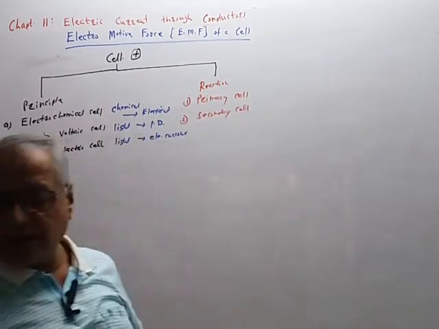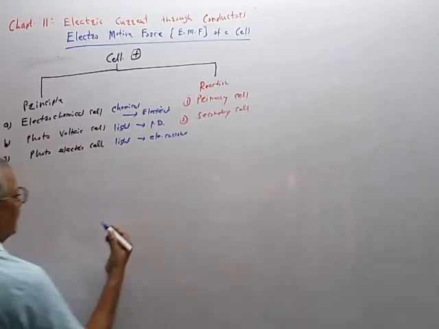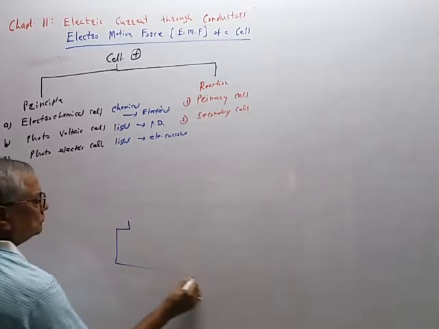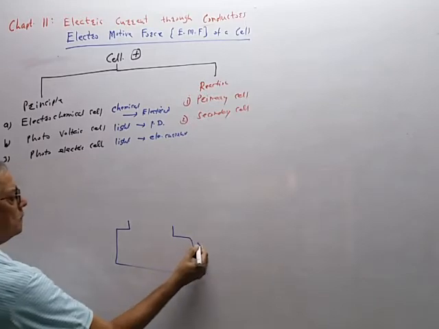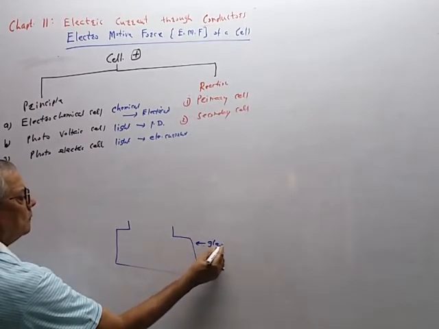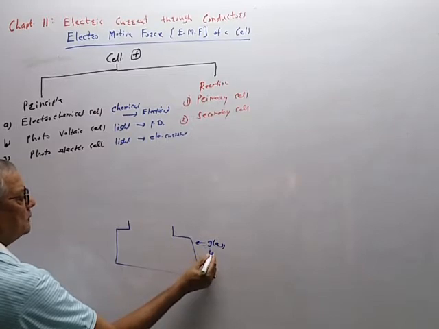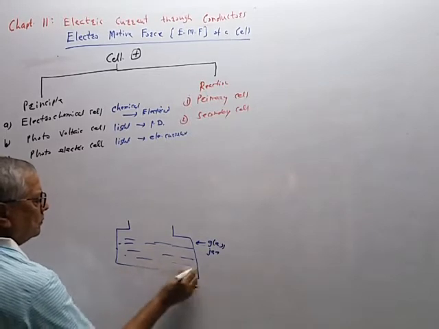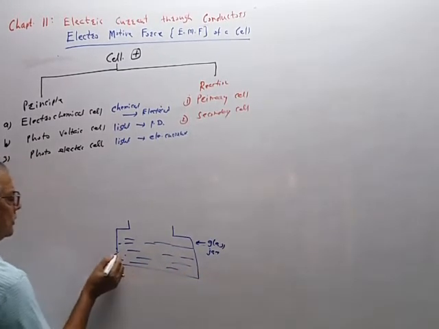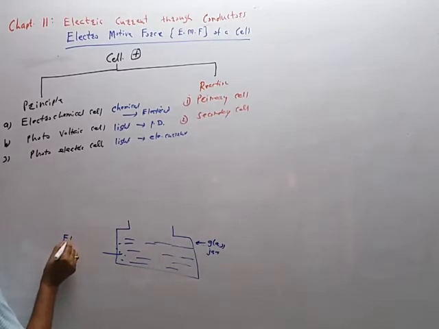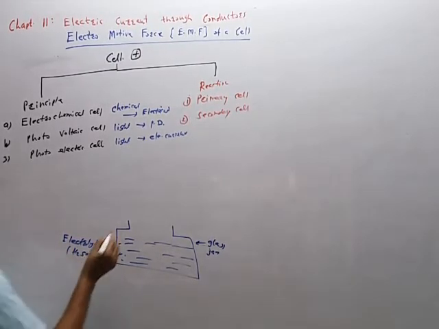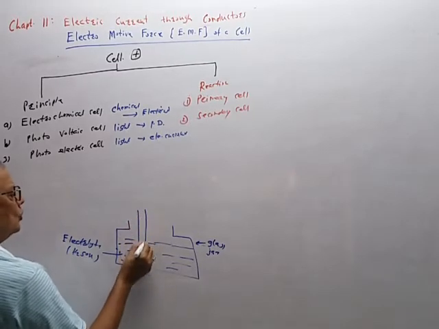So we will consider the cell and its circuit arrangement like this. Suppose this is a glass bottle, a glass jar. Here an electrolyte solution is used, H2SO4, sulfuric acid, and there are two electrodes.